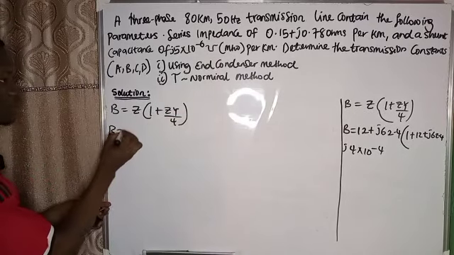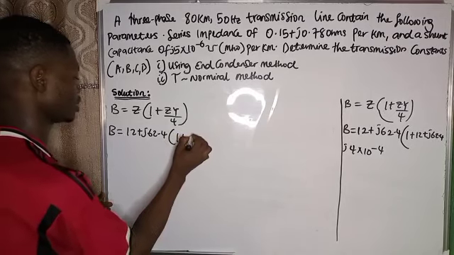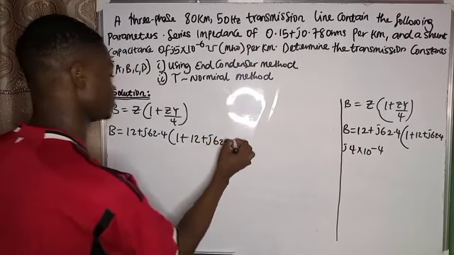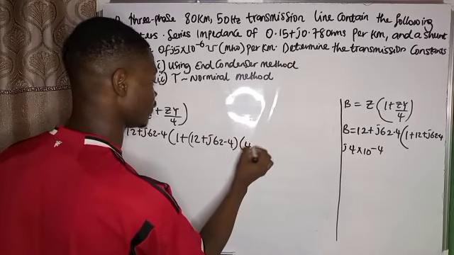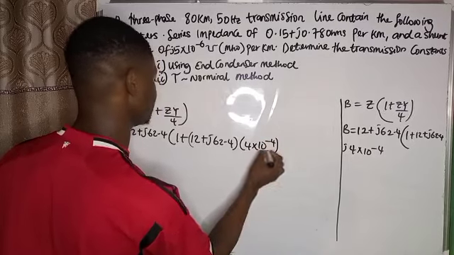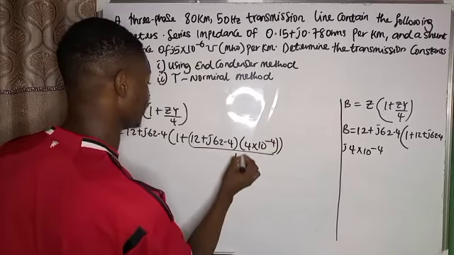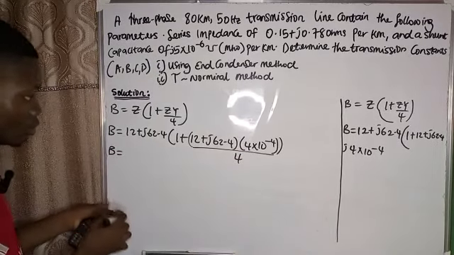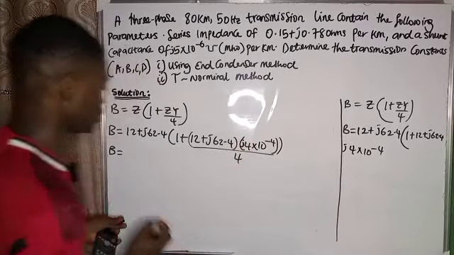So my B is equal to 12 plus j62.4 times 1 plus Z, which is 12 plus j62.4, then times Y, 4 times 10 raised to the power minus 4, all over 4. Remember this thing is j.